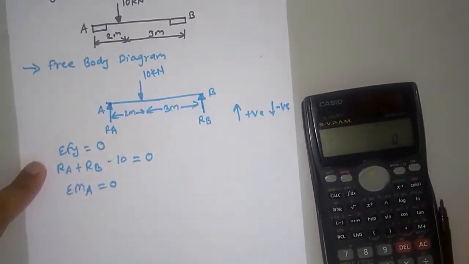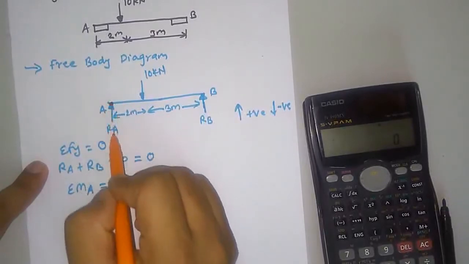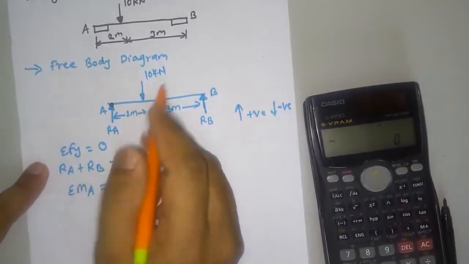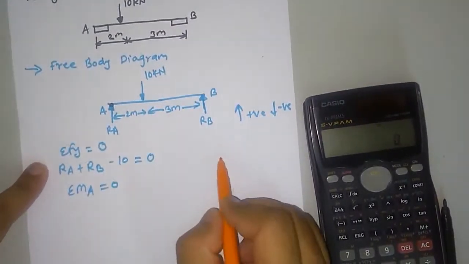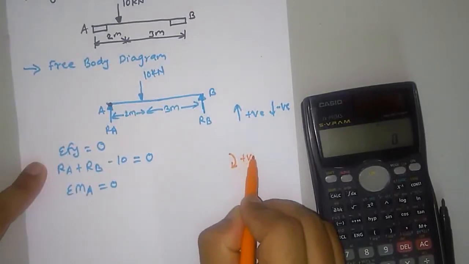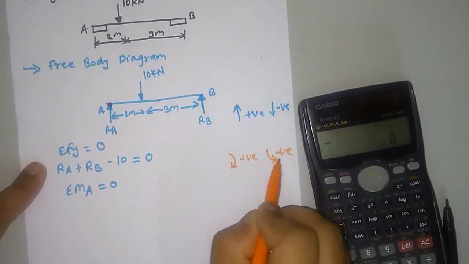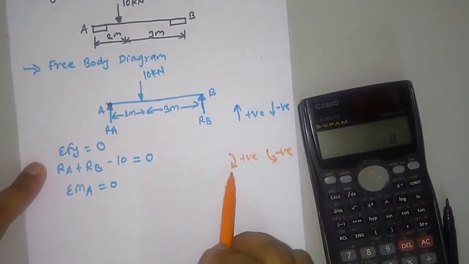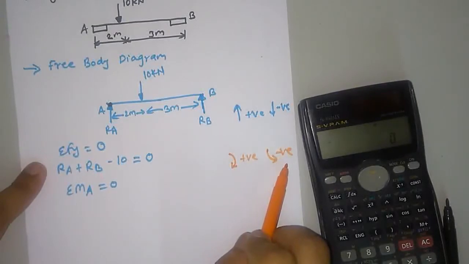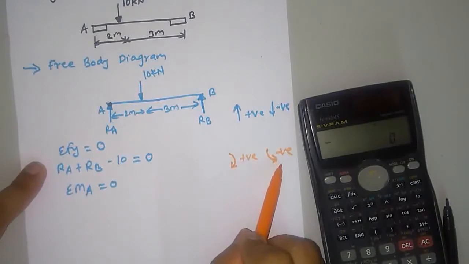Now this RA is passing through point A, so there is no effect of RA on this moment. Then this 10 kilonewton, what is the direction? You can take clockwise positive and anti-clockwise negative, or vice versa, clockwise negative and anti-clockwise positive. No problem. Here I am taking clockwise positive, anti-clockwise negative.